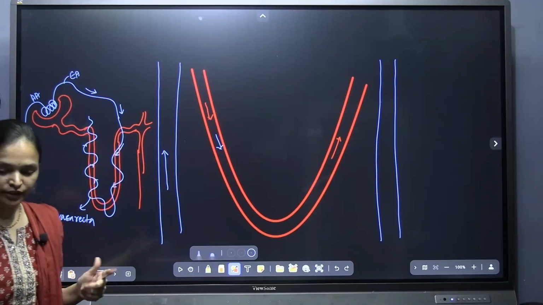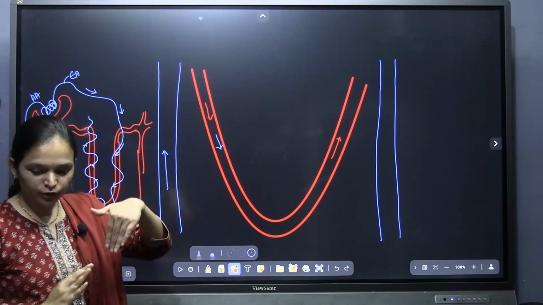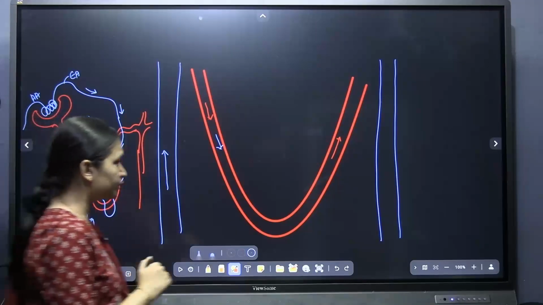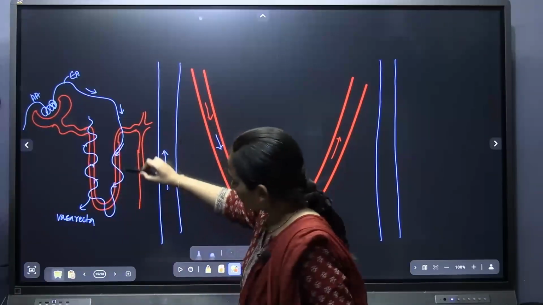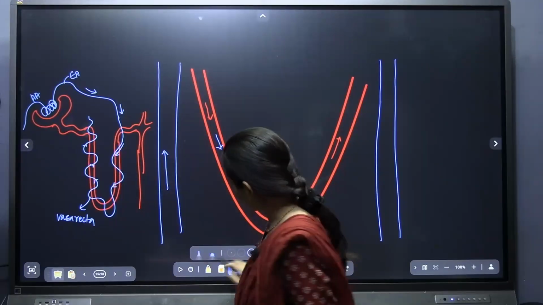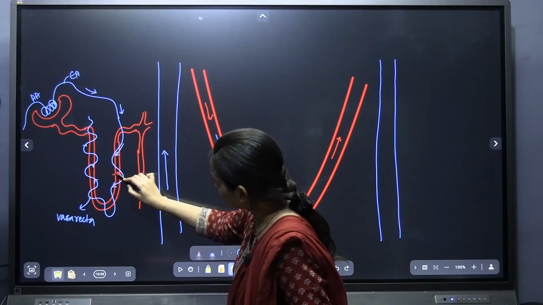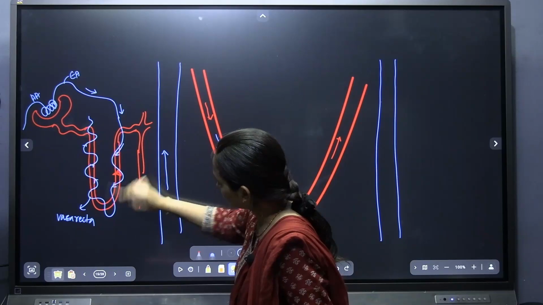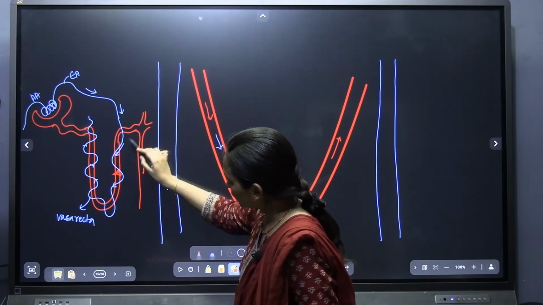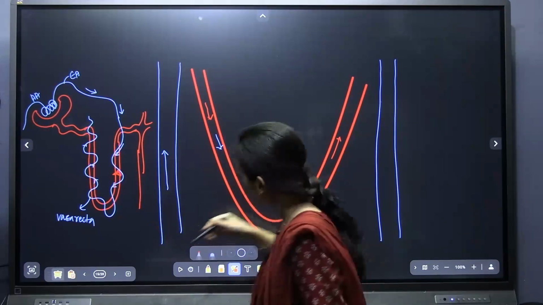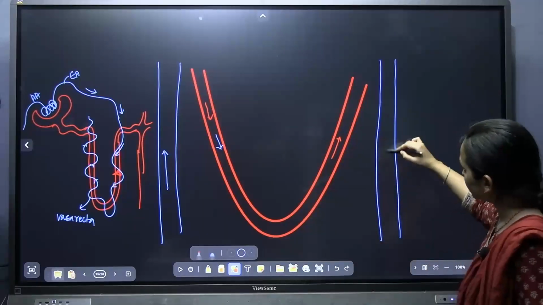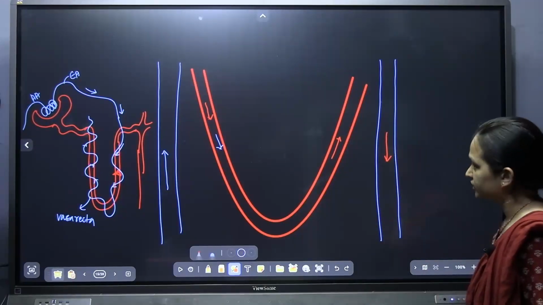Can you call this counter current? One is flowing downwards, another flowing upwards. If you see here, the urine is flowing upwards in the ascending loop of Henle, but the blood is flowing downwards.